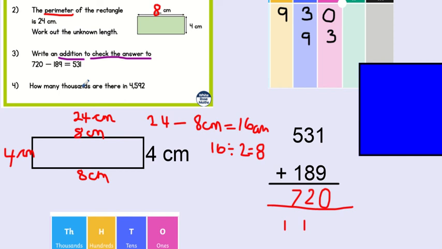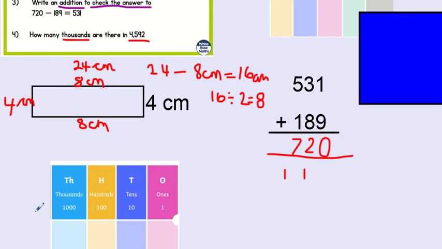Okay, how many thousands are there in 4,520? Now, if you're not sure, you can put this number onto a place value chart. And year 5 and 6, you're really used to drawing these in your maths book.